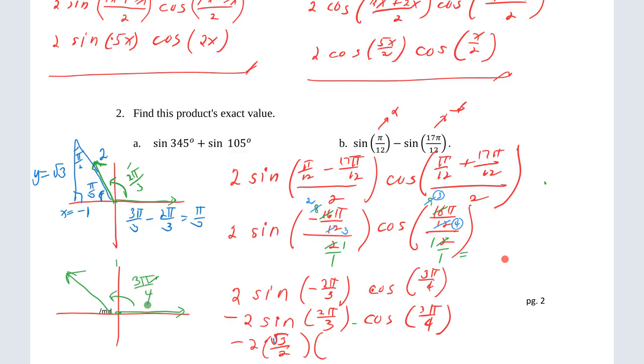Again, to find the reference angle, we subtract 3 pi over 4 from pi, the straight angle, or I can say 4 pi over 4 minus 3 pi over 4. This gives you pi over 4, so the reference angle here is pi over 4.